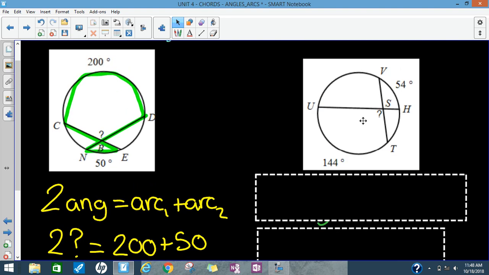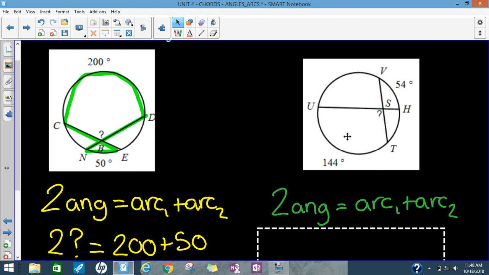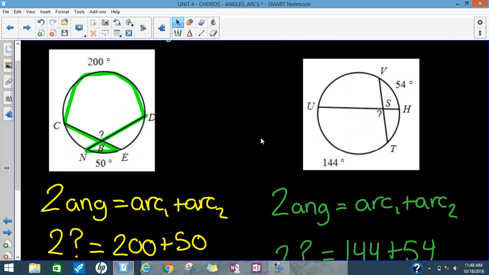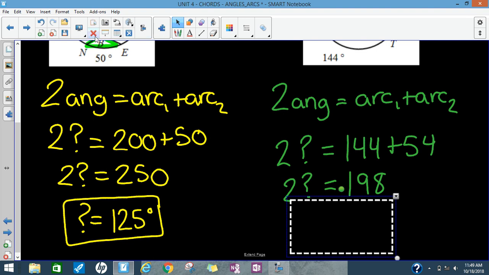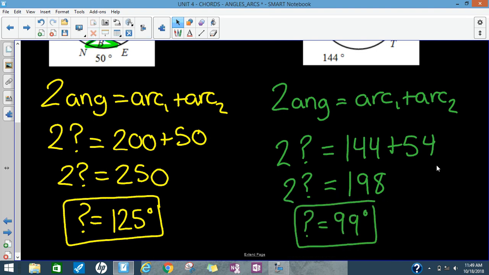So I can do the same thing here. I have the angle and the two arcs that will be part of the bow tie. I'm going to write my equation every time, and this way I'll remember it. Question mark goes in for the angle. 144 and 54 go in for the arcs. I solve that equation to find out that that angle is 99 degrees.